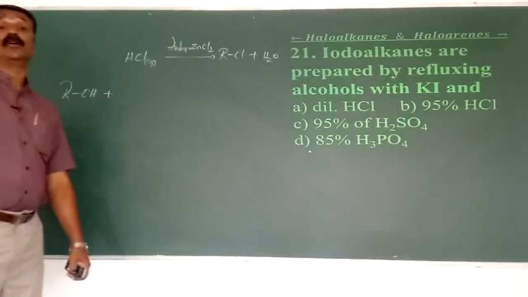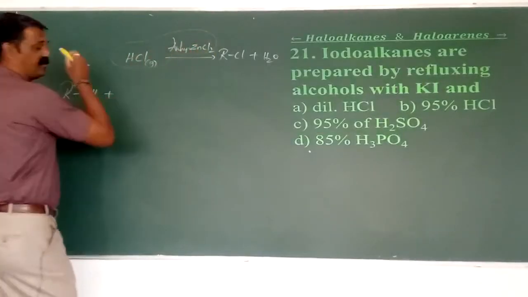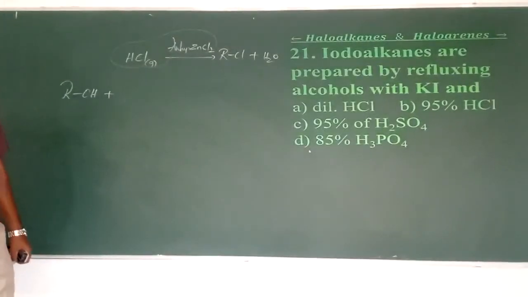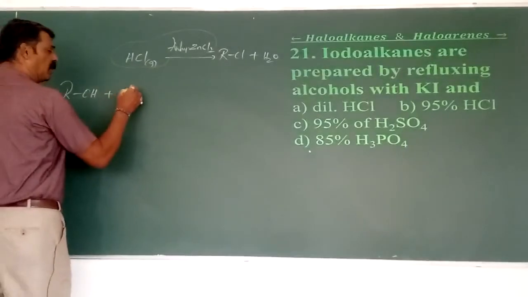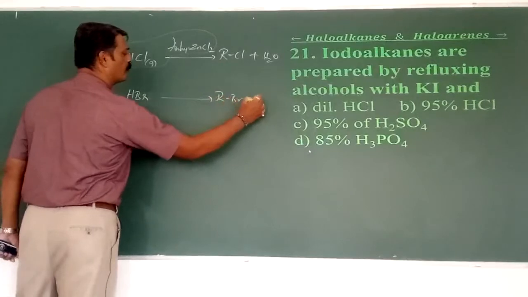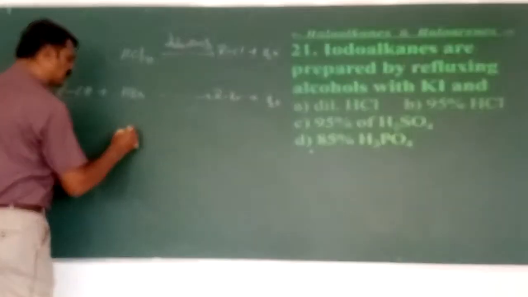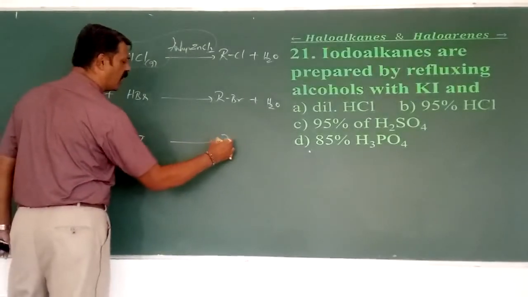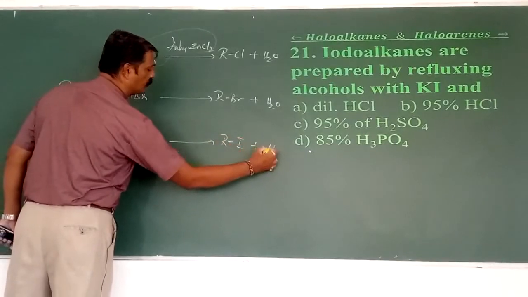It is called Groove's method, and this reagent is called Lucas reagent. Suppose if it is HBr, we are getting RBr plus H2O. Suppose if it is HI, we are getting RI plus H2O.